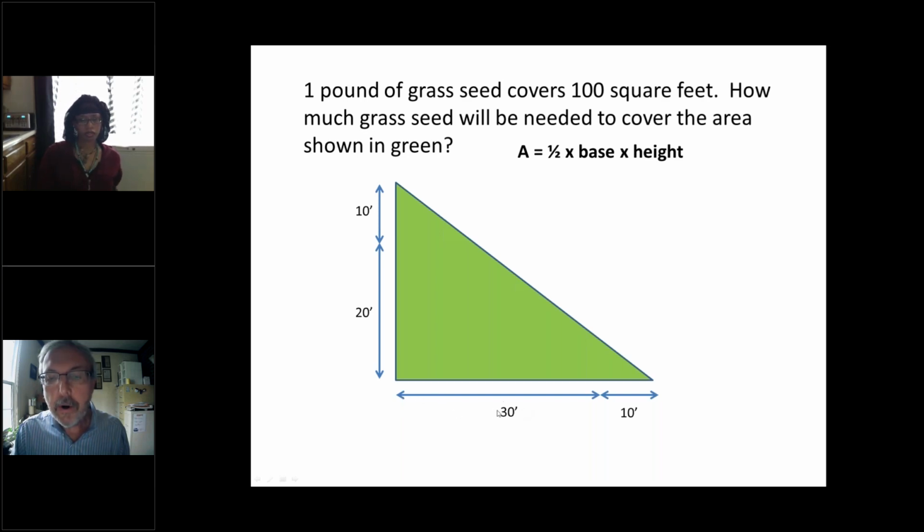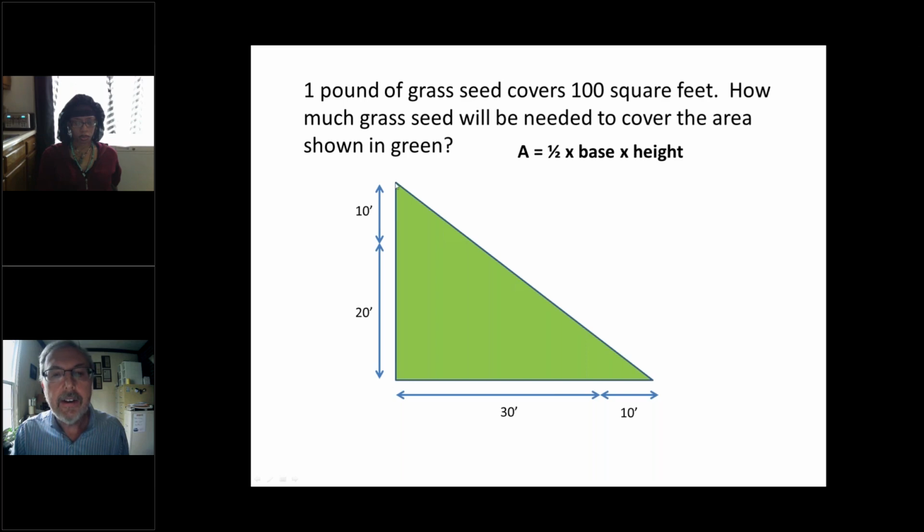Okay, so this one, it would be 30 plus 10. So it would be 40. Oh, so you're adding it just like doing a perimeter. Yeah, that's right, because we have to find out this length to know what the base is, what the length of the base is. And that's just a length. So that's just the 30 plus the 10. So the base is going to be 40.